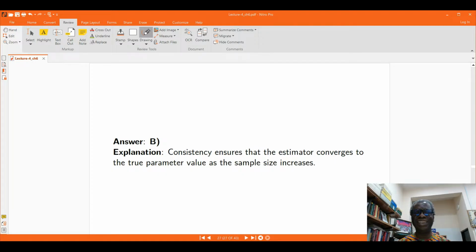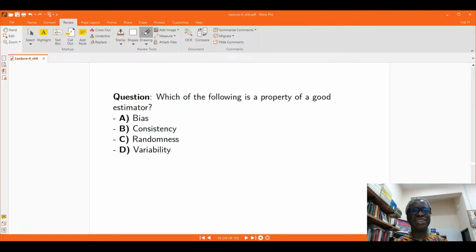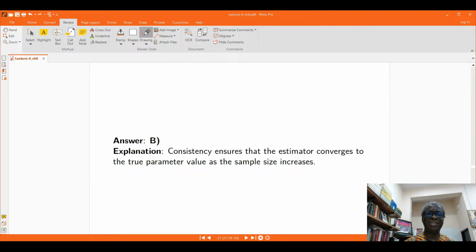The correct answer is consistency. Consistency ensures that the estimator converges to the true parameter value as the sample size increases. Bias is not a good property. Rather, unbiasedness is a property of interest.